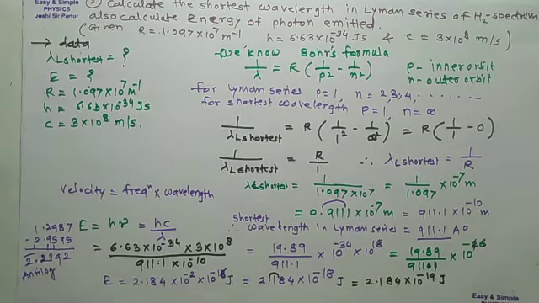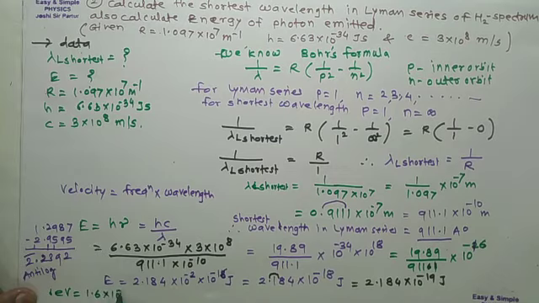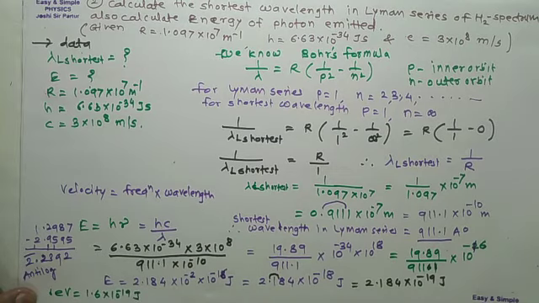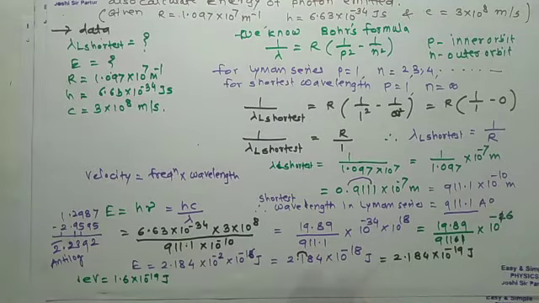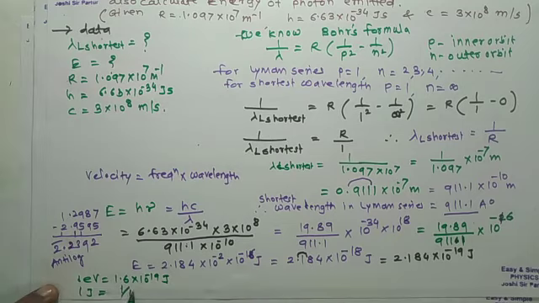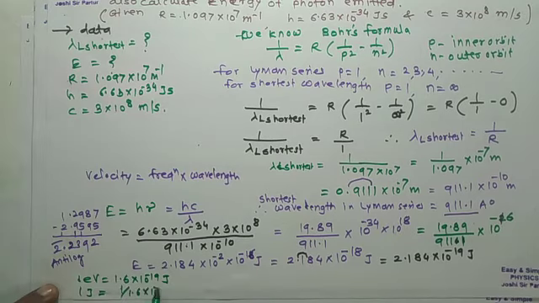But we can find out energy in electron volt. Here we know that 1 electron volt is equal to 1.6 into 10 raised to minus 19 joule. So 1 joule is equal to 1 upon 1.6 into 10 raised to minus 19 electron volt.